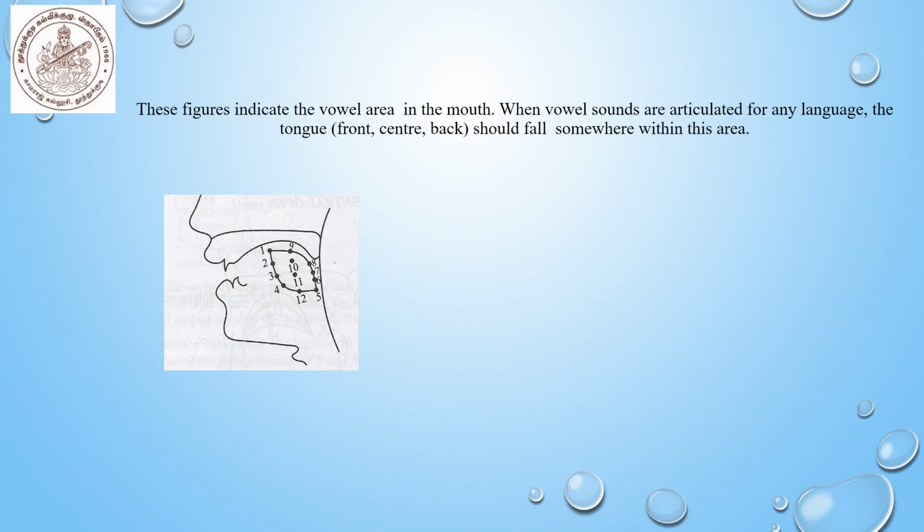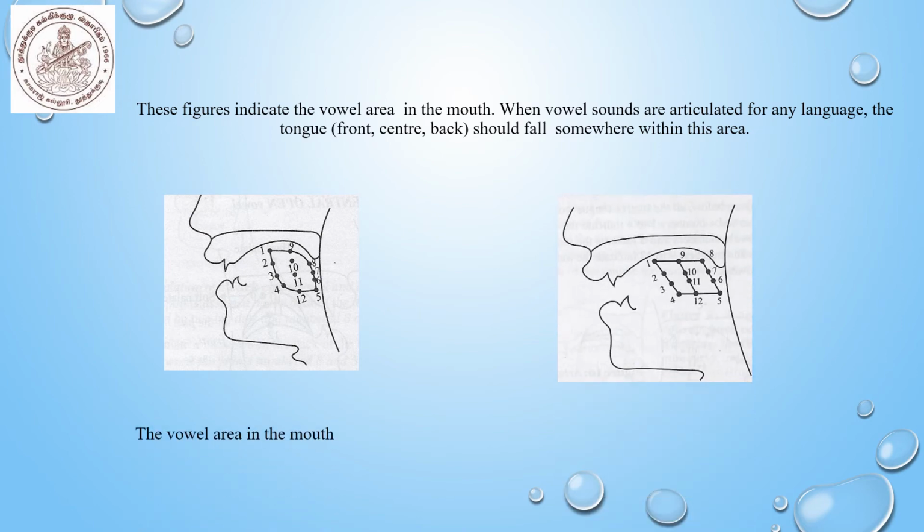But when we draw this diagram, we cannot draw it perfectly well. There is difficulty in drawing this diagram. So the phoneticians have given another regularized form of a diagram, so that it will be very easy for us to draw as well as to teach to students.